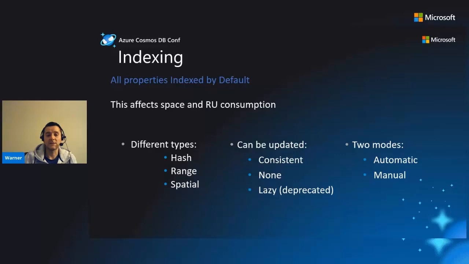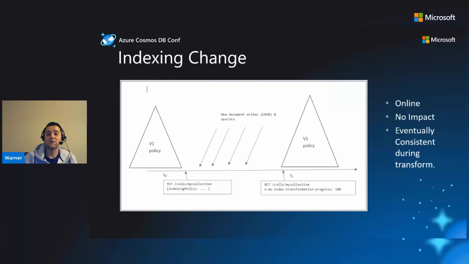With the consistent behavior. However, what I do a lot is to help my applications tweak the amount of properties that are indexed by default, because that, again, does have a direct impact on consumption. And whenever you do an indexing change, keep in mind, Cosmos DB does this online.